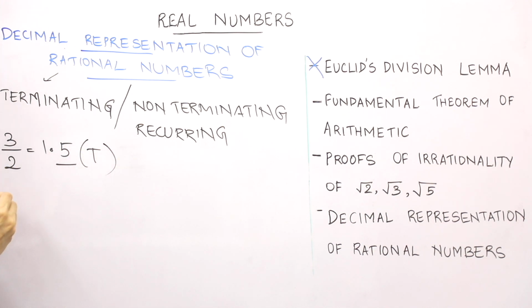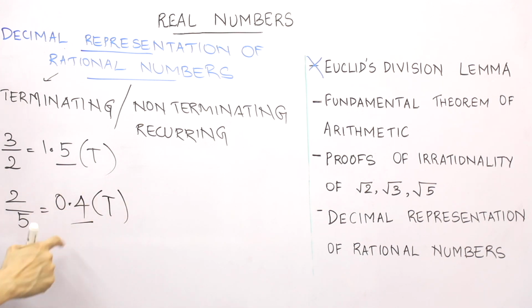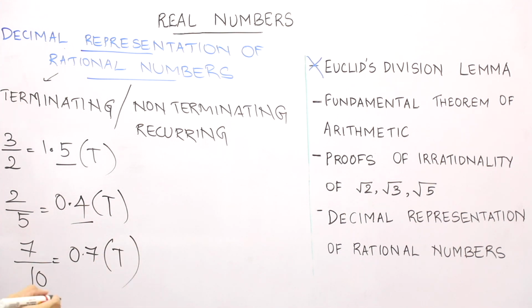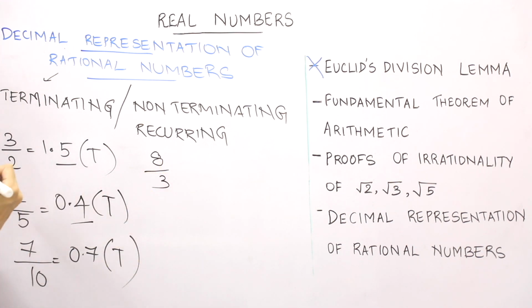Next, 2 by 5 is equal to 0.4, which is also terminating. One more example: 7 by 10 is equal to 0.7, which is also a terminating decimal.